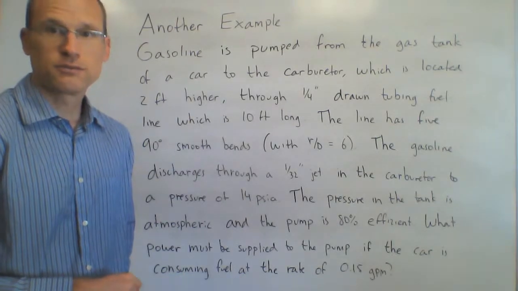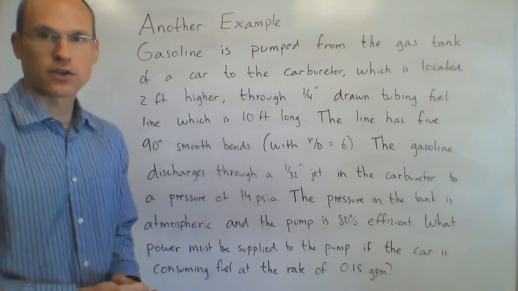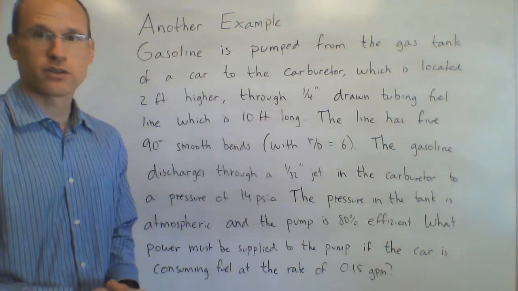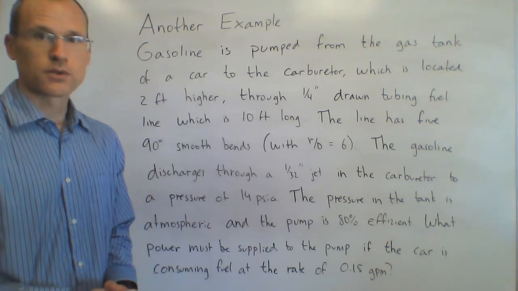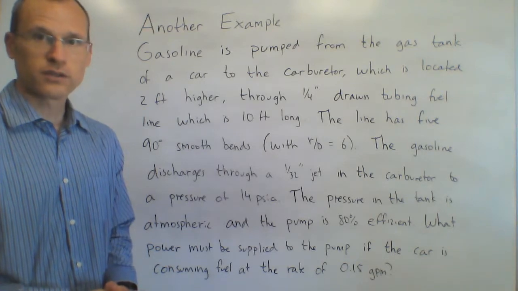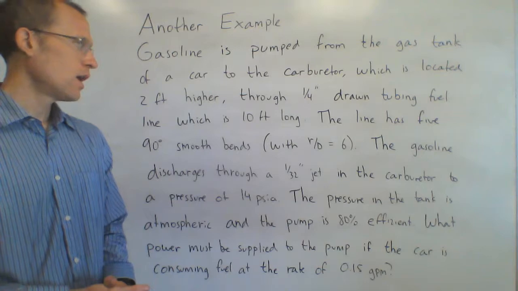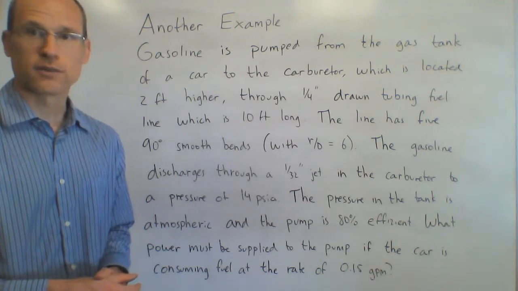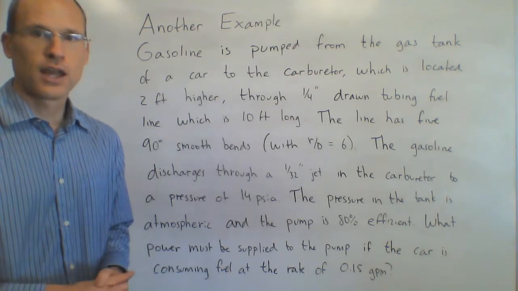So last example, a fairly complicated one. You have gasoline in your car. It needs to go from the gas tank to the carburetor, your engine. Carburetor is 2 feet higher than the gas tank. Goes through a total of 10 feet of fuel line, quarter-inch fuel line made out of drawn tubing. Has 5 bends. You get around things like axles and other various components in your car to get from the gas tank to the carburetor.